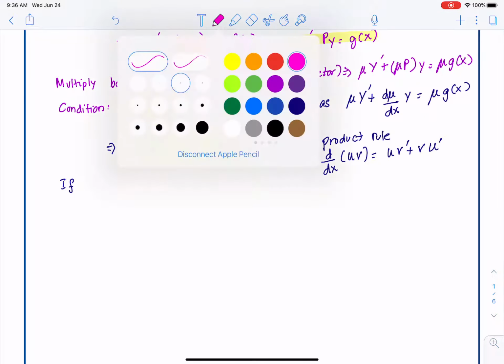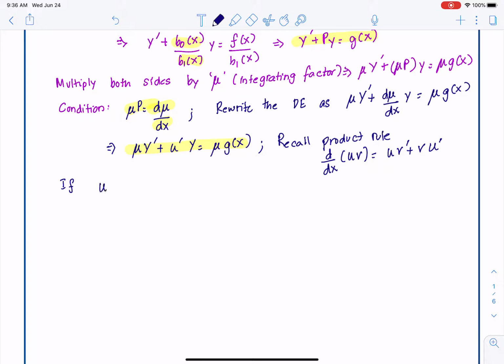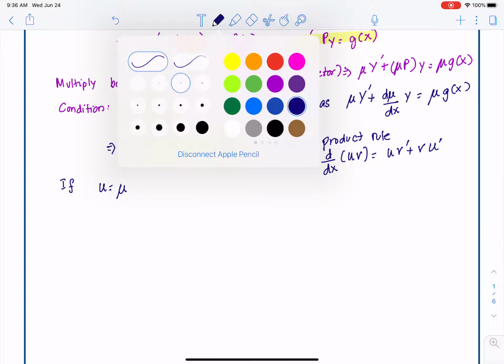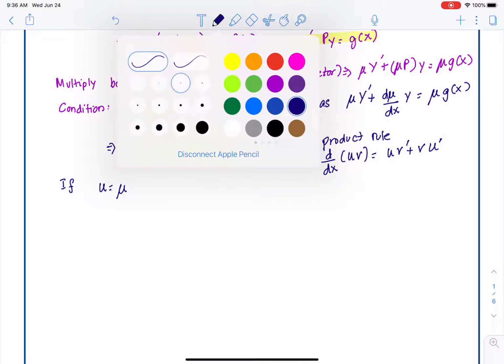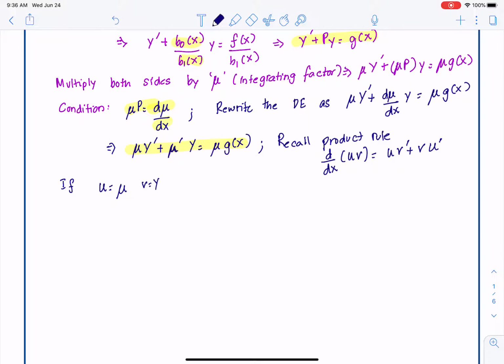Let's go back. u is mu and v is y. So we have u v prime plus u prime v, and that is mu prime. And that directly relates to the product rule that we have.